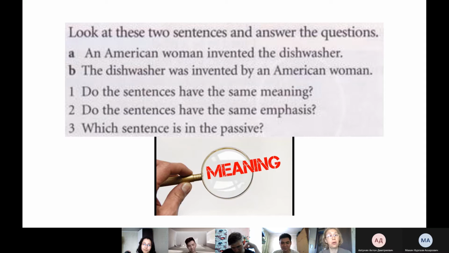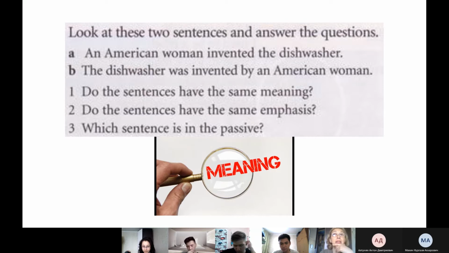Yes, it depends on the context, but we usually say that if we compare with the next sentence, если мы сравним со следующим предложением, the dishwasher was invented by an American woman. Кем была изобретена посудомойка? Тут акцент идет на то, кем была изобретена.